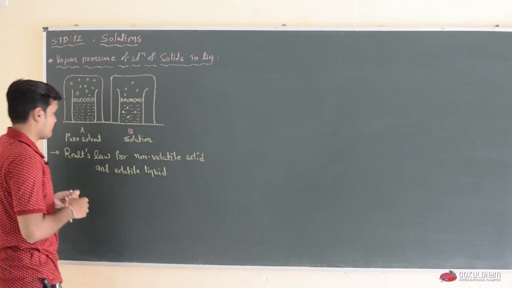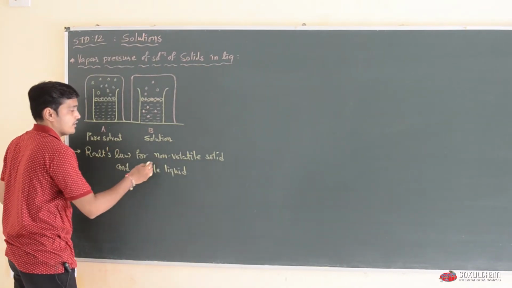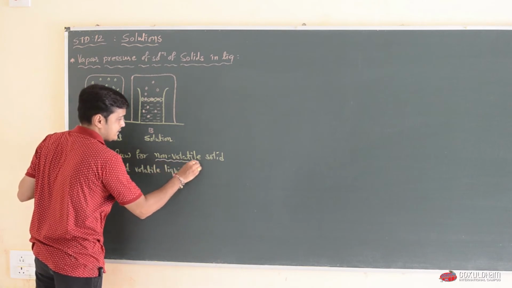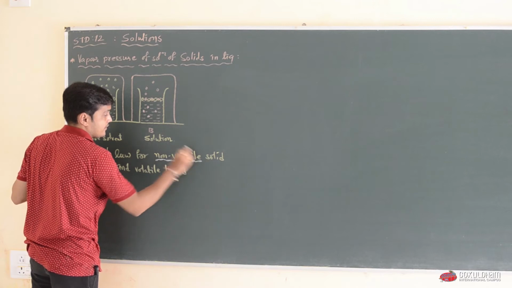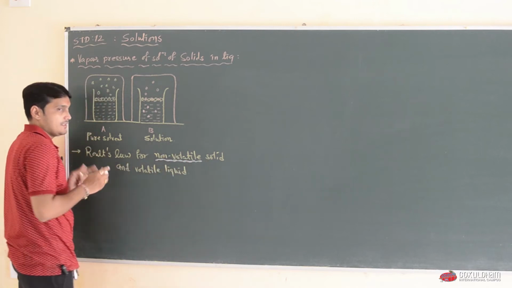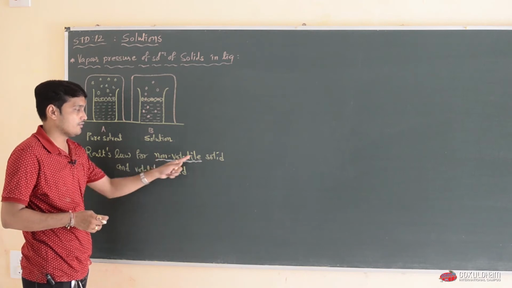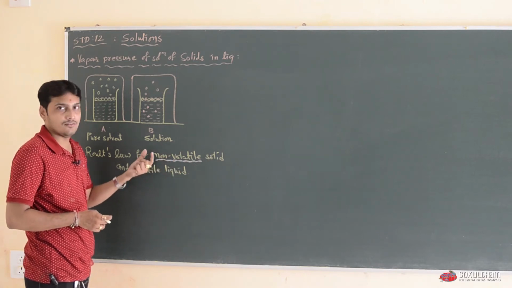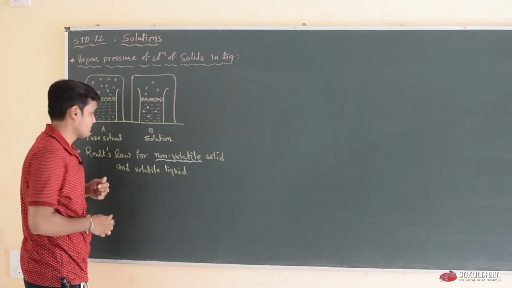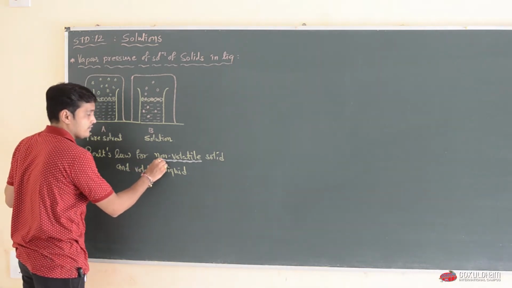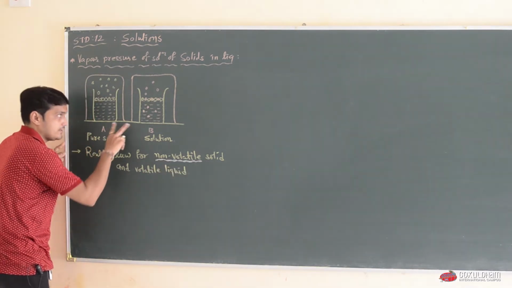So our mathematical equation for this Raoult's law for non-volatile, this is a very important underlined word, because these two rules are mixed up with this only one word, non-volatile and volatile. Both the rules are different. So you have to remember this word non-volatile solid for this figure.